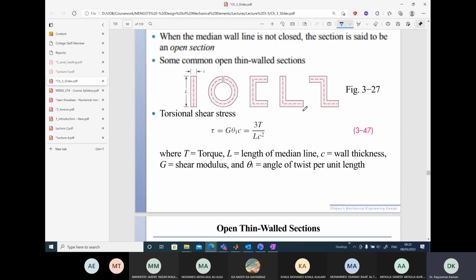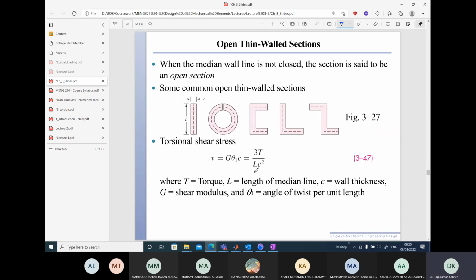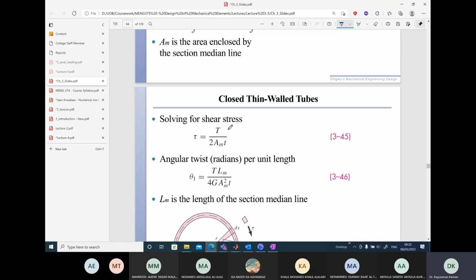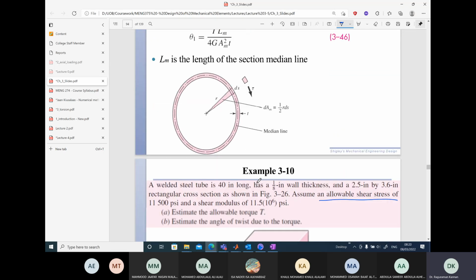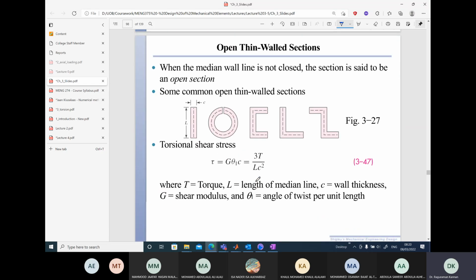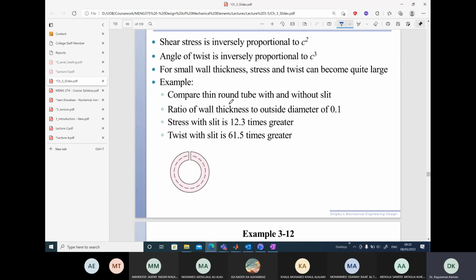Basically take this formula and the formula given here, and we can make a comparison in the shear stress values. They have asked you to try different combinations here, and you have different ratios of wall thickness to diameter. Again, calculate what are the shear stresses and how it varies, and if you plot it, you will get relationships.